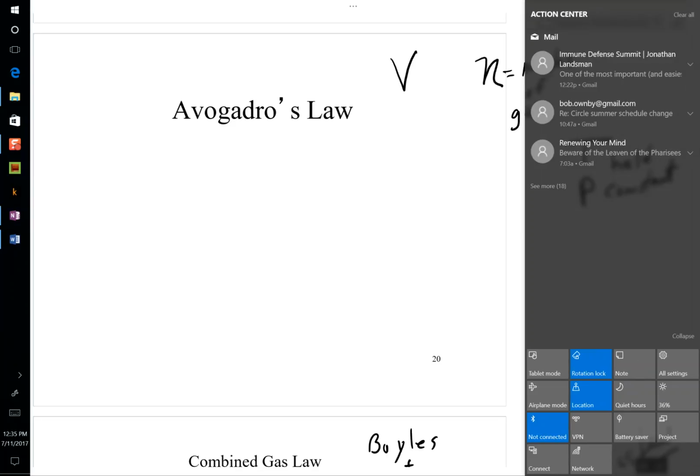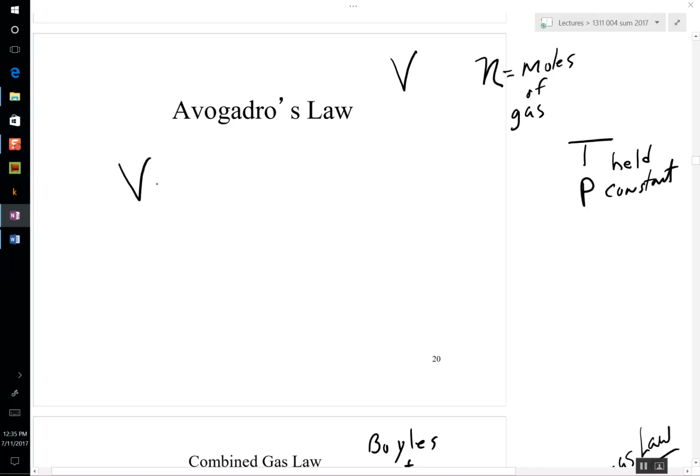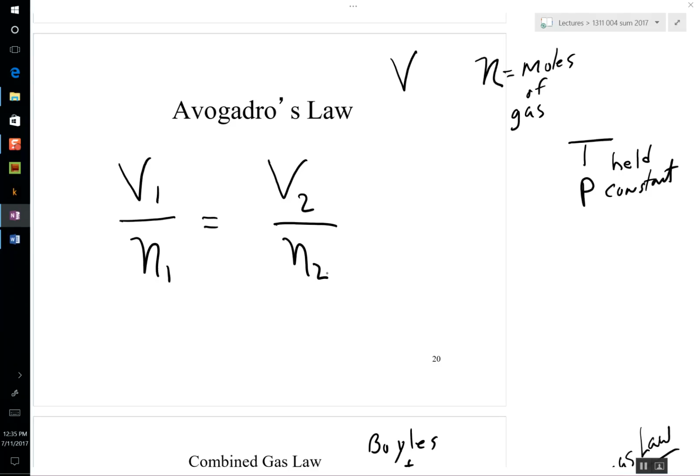So the initial volume divided by the initial moles of gas is a constant. As you increase the amount of gas, you increase the volume. If we had a picture here of a cylinder with a piston on it, we would have a little valve over here where we could pump in more gas.